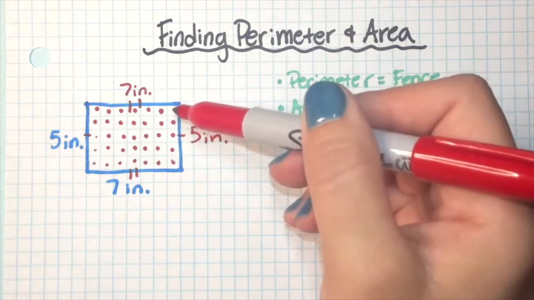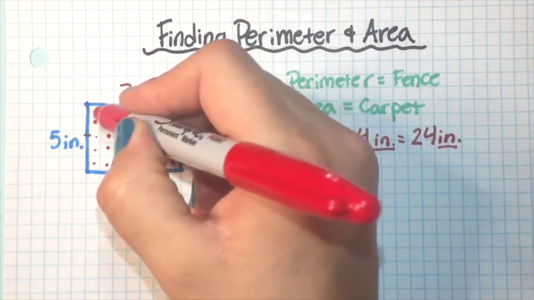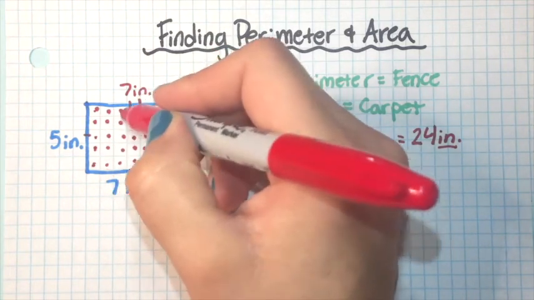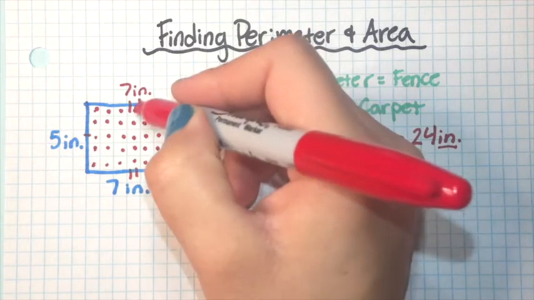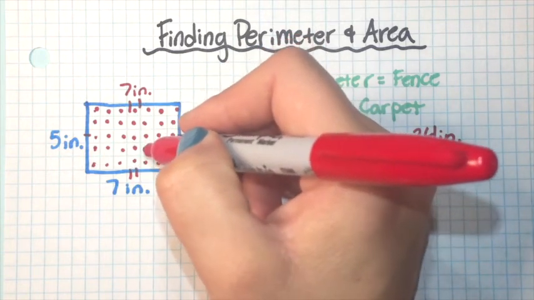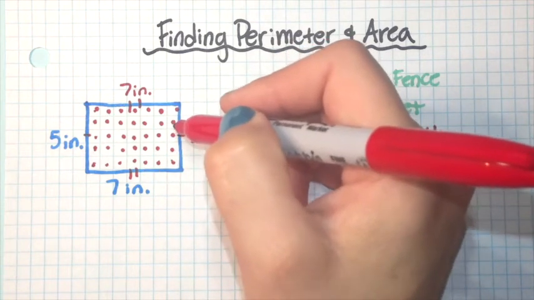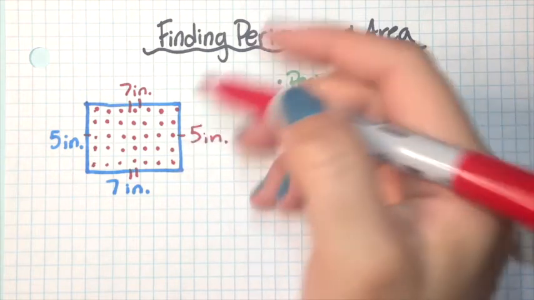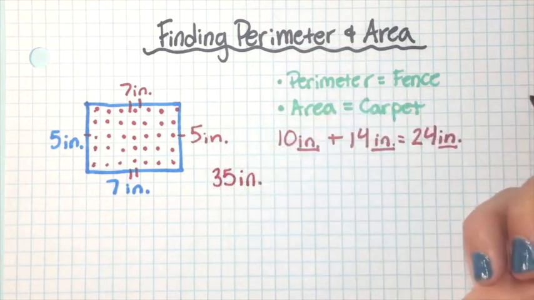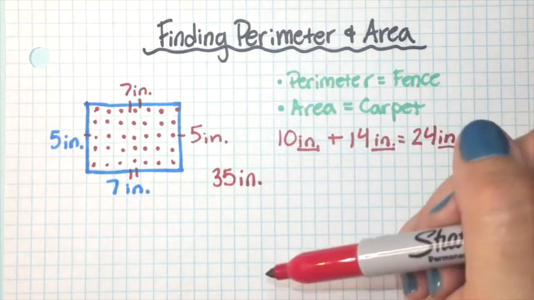So let's see how many we have total. 1, 2, 3, 4, 5, 6, 7, 8, 9, 10, 11, 12, 13, 14, 15, 16, 17, 18, 19, 20, 21, 22, 23, 24, 25, 26, 27, 28, 29, 30, 31, 32, 33, 34, 35. 35 squares are inside.